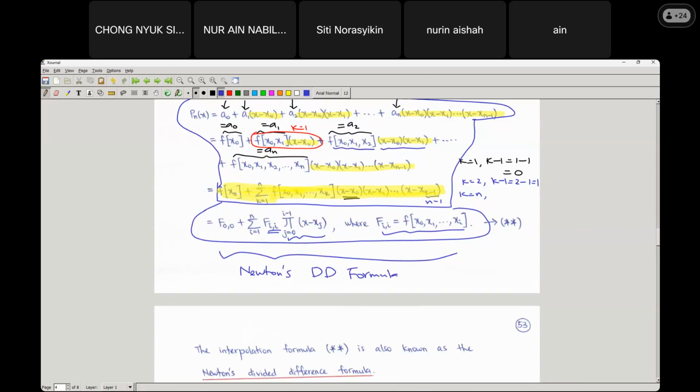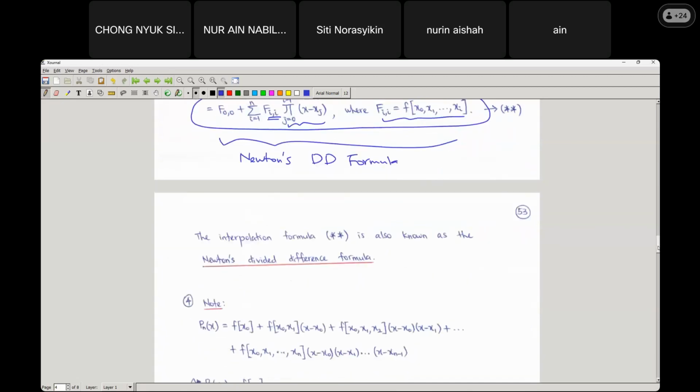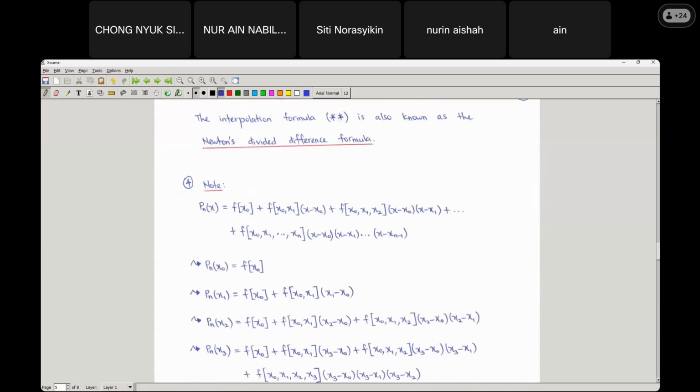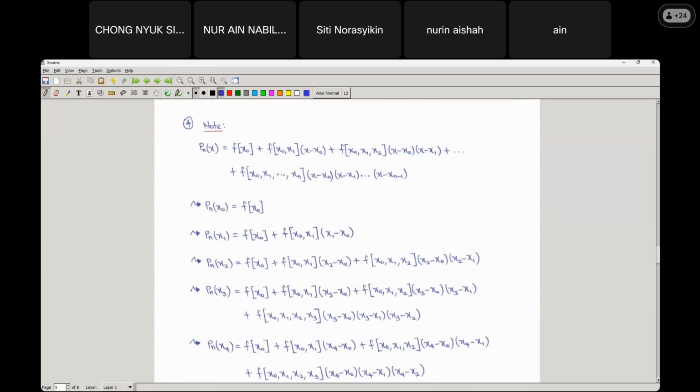Sometimes the question will sound like this: given a set of data points, by using Newton's divided difference formula, find the polynomial for the above data set. Then you must use Newton's divided difference formula.